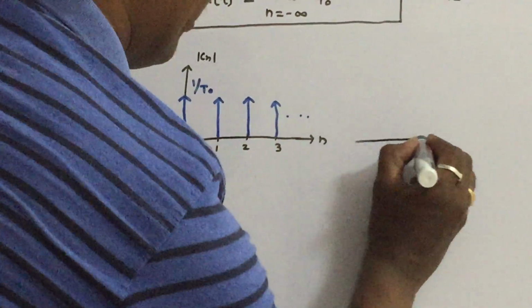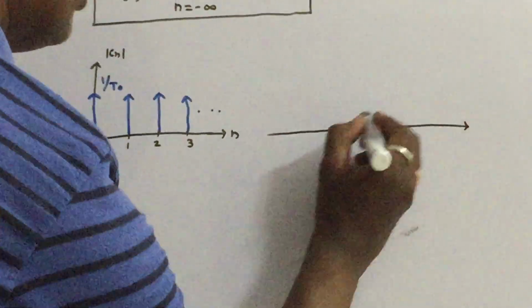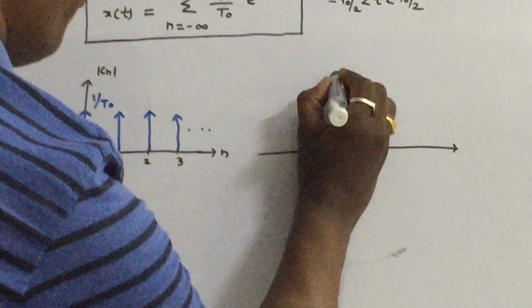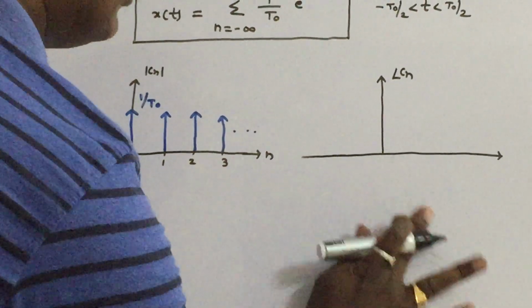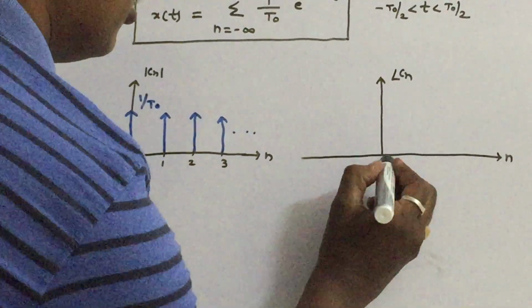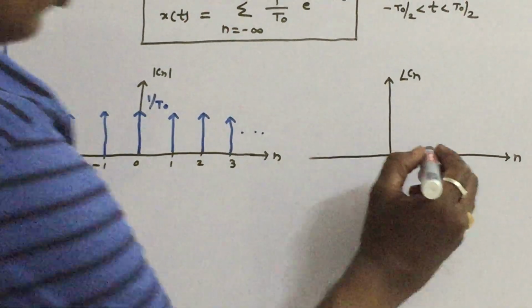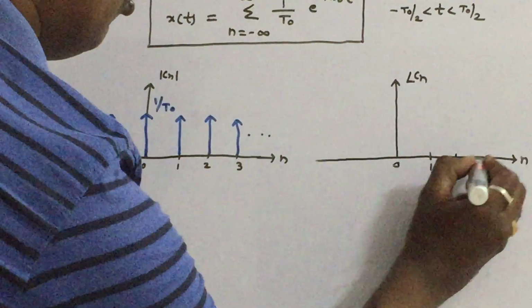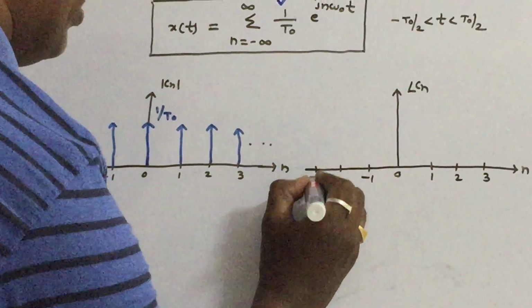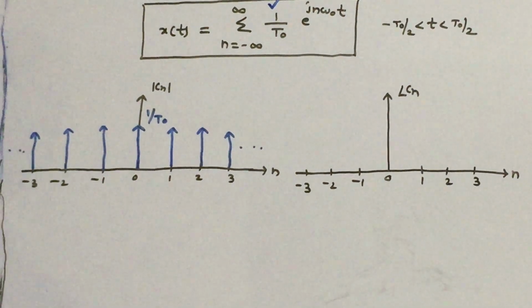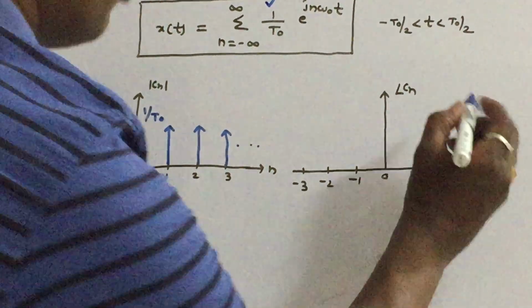So this is the magnitude spectrum. Now let us draw the phase spectrum. What is the phase spectrum? The angle of exponential Fourier series coefficients versus n, for n equal to 1, 2, 3, minus 1, minus 2, minus 3. What is Cn?